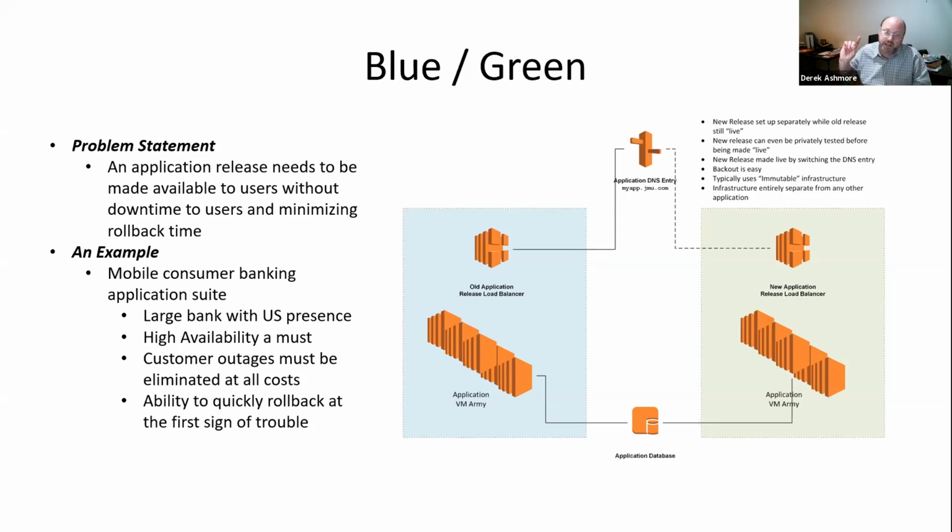And when you're ready to cut over, it's just a DNS switch. All right, so myapp.jmu.com points to the blue side. When I'm ready to deploy, I change that entry. It points to the green side. After the time to live gets exceeded, all the customers find themselves on the new release. And the old release is still there.